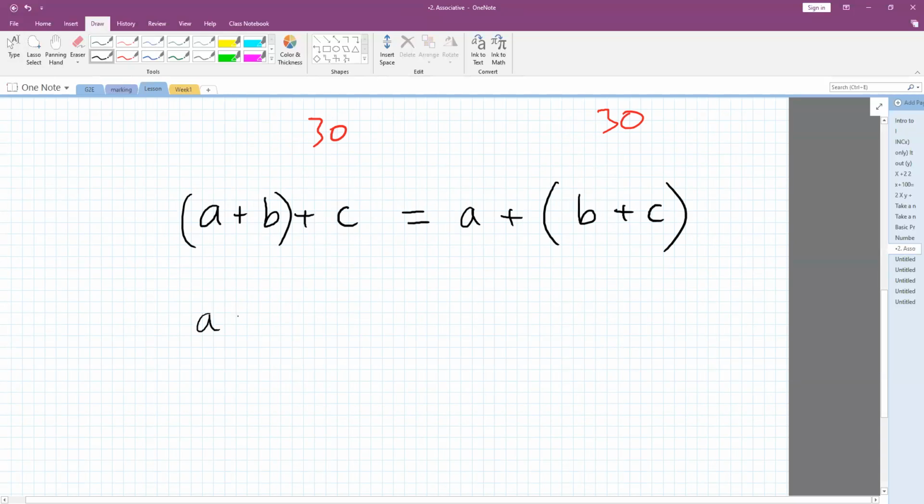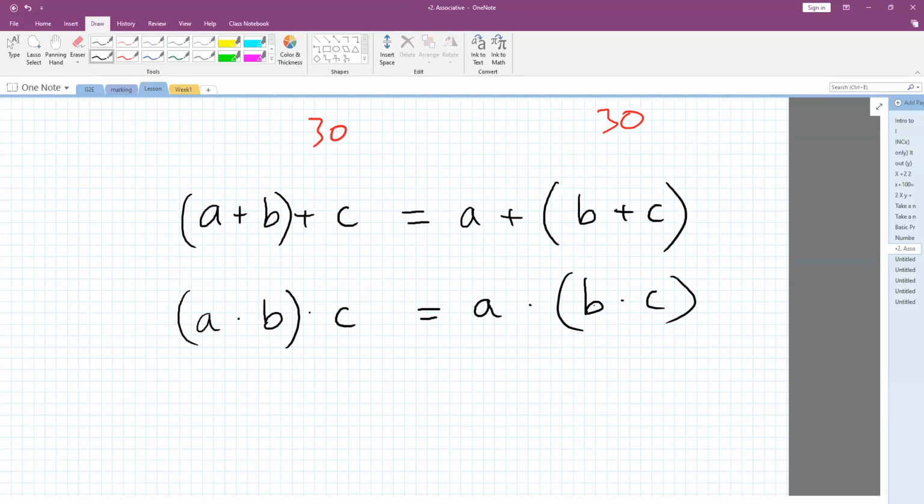Or if they are all multiplication, A times B times C, and you do A times B first, that gives you the same thing as when you do A times B times C with brackets around B and C first.